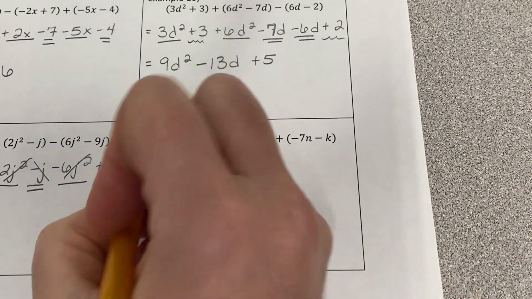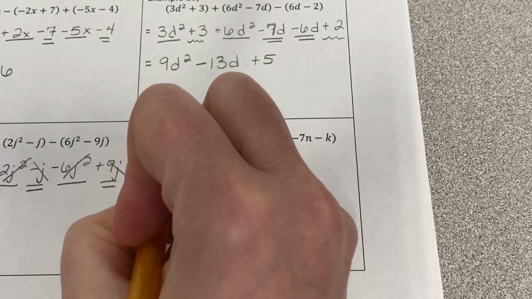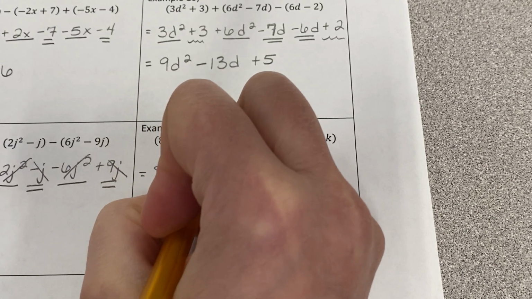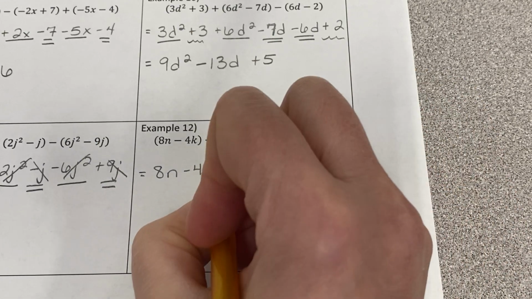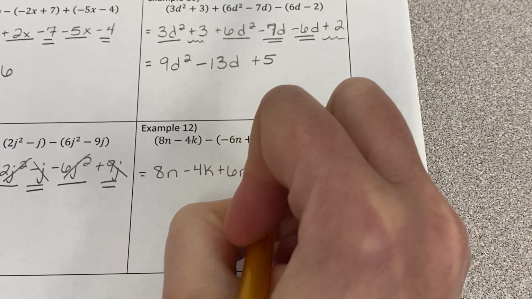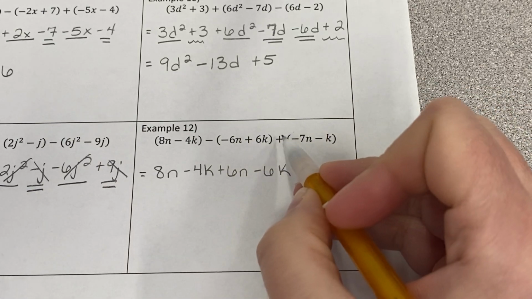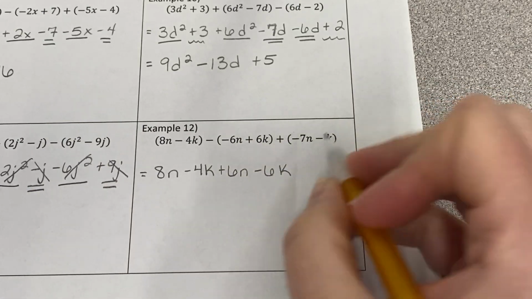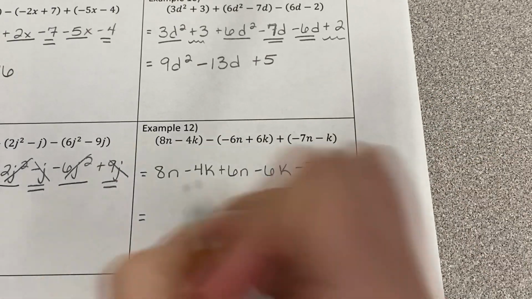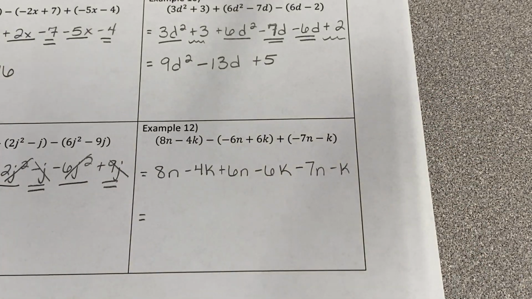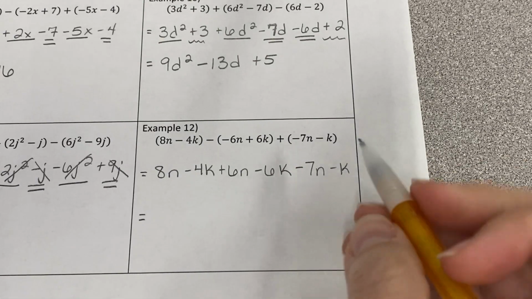Last one. 8n minus 4k, distribute the negative 1, plus 6n minus 6k. Here we're distributing a positive 1, so nothing changes, minus 7n minus k. Now combining like terms, this one we have different variables.